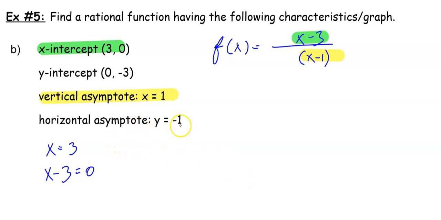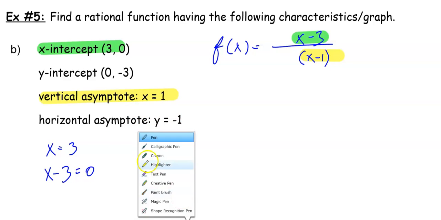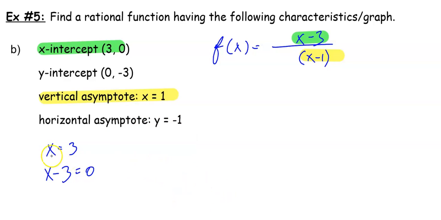We have a horizontal asymptote at y equals -1. Now, when we've got a horizontal asymptote, what this means is the numerator and the denominator have the same degree, and when I write the coefficients as a fraction, that's going to be -1.